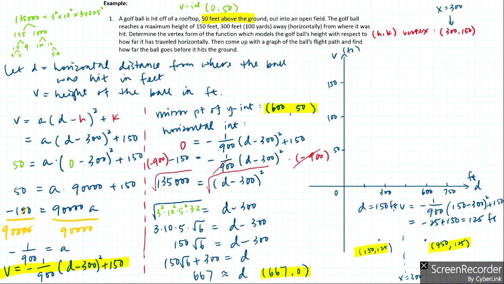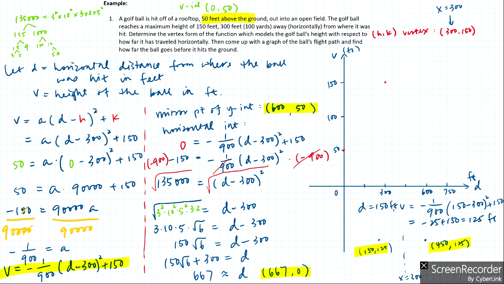And on the vertical direction, we have a bit more room. We just need to go up to 150 feet. So I just let every box be 10. And using this information, if we want to put all the points on, we have 0, 50 being the y-intercept, and then 300, 150 being the vertex.